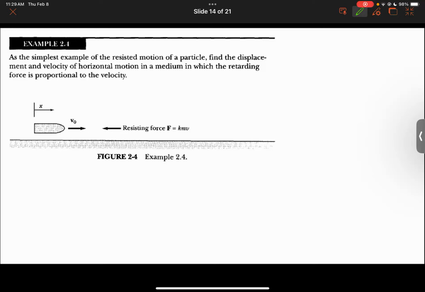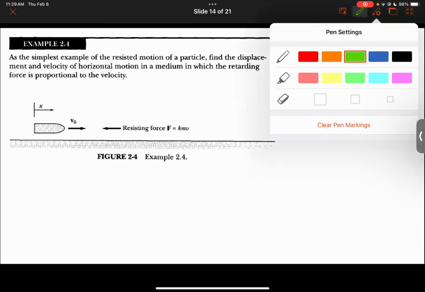So, ang pinapahanap dito ay yung displacement and yung velocity nung object na ito. Okay, and of course, this object is experiencing a retarding force proportional to the velocity. So this means na small speeds lang itong object na ito. Okay? So anong una natin gagawin?